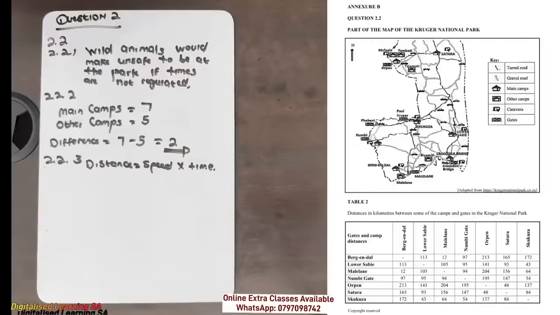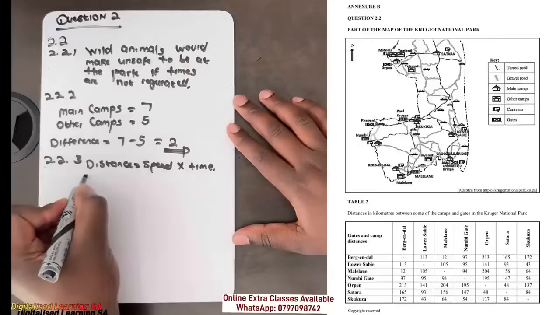If we align them, we can see that for Skukuza and Numbi gate, the distance would be 54. Remember, Table 2 shows the distance in kilometers between some of the camps and gates in the Kruger National Park. So the distance would be 54.